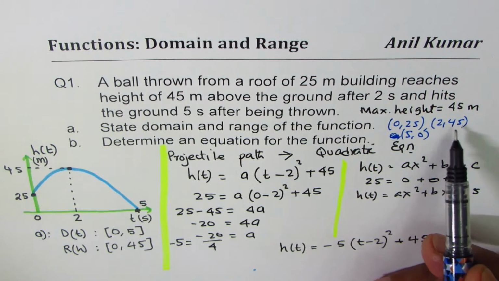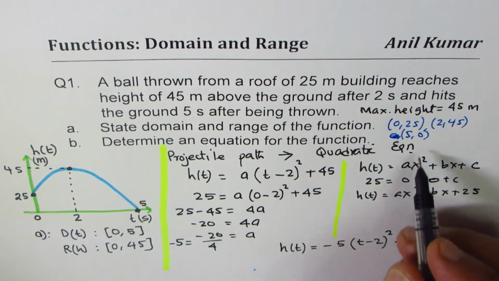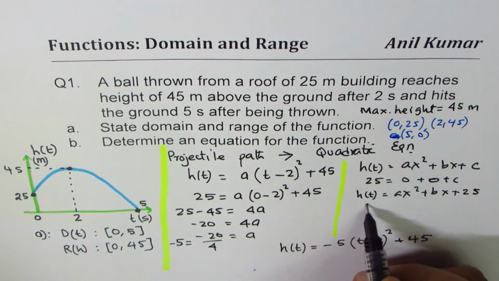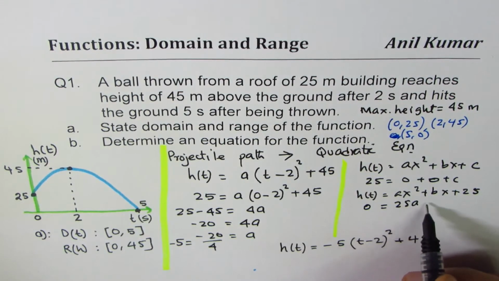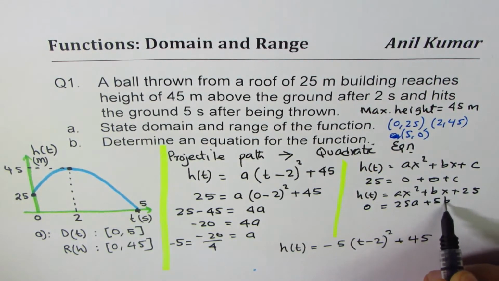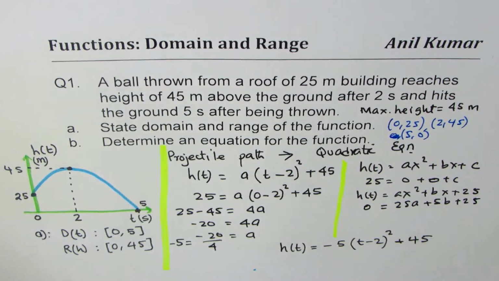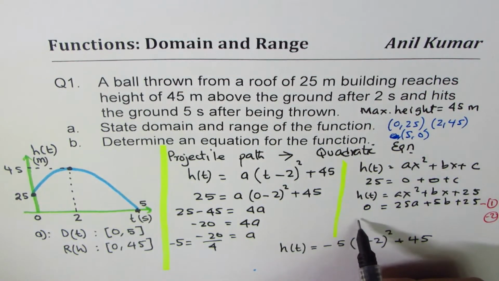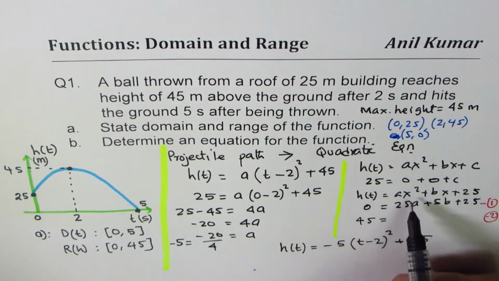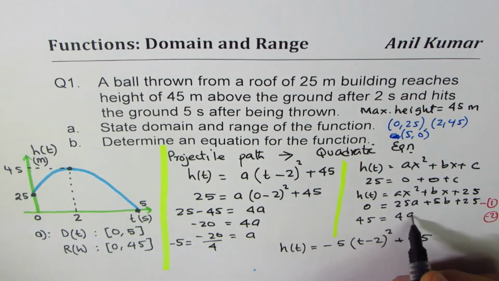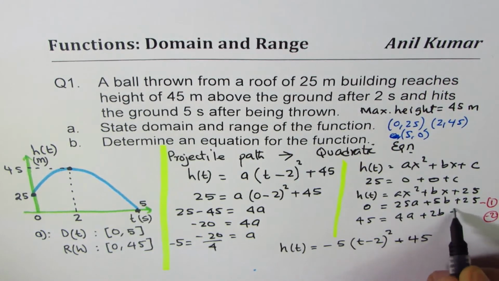Is it okay? So we get 2 other equations, which is, if I write 0 and 5, one equation is 0 equals, 5 squared is 25, so we get 25a plus 5b plus 25. This is my equation number 1. And then equation number 2 we can get by using the point 2, 45. So that is 45 equals, 2 for x, squared is 4, that means 4a plus 2b plus 25.